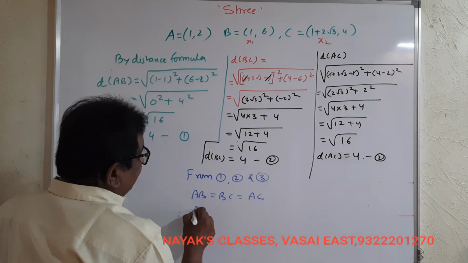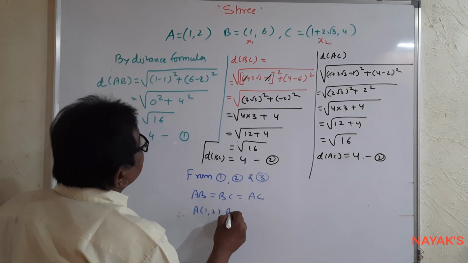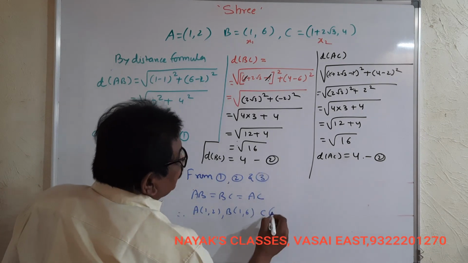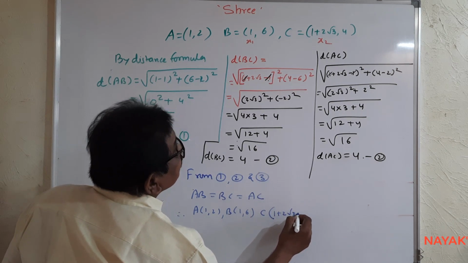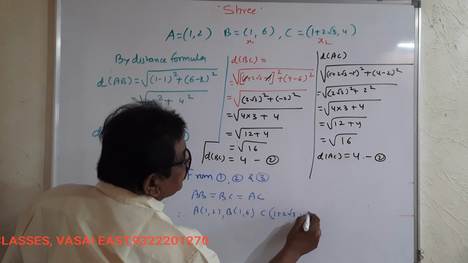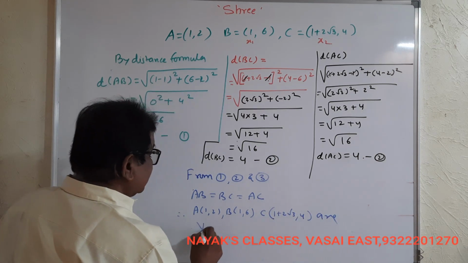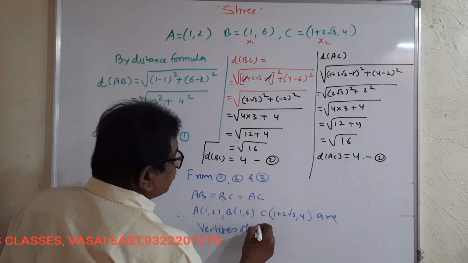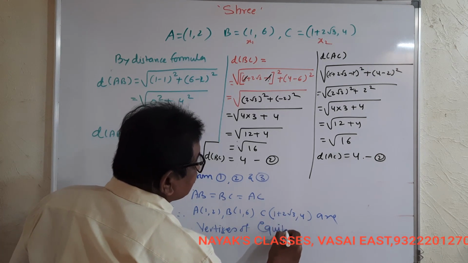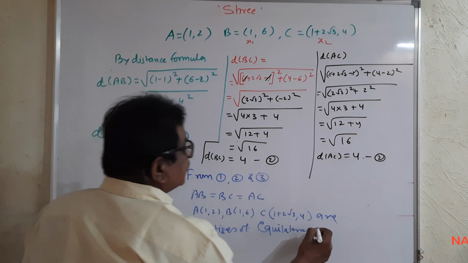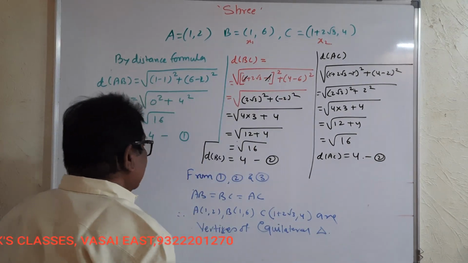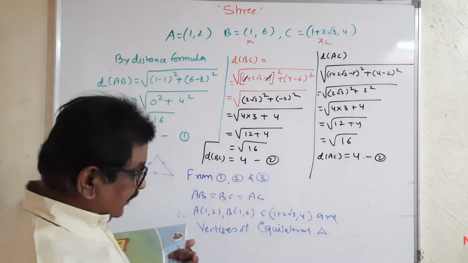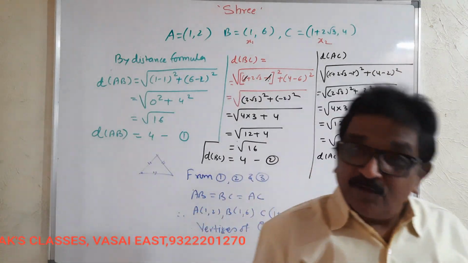Therefore, A(1, 2), B(1, 6) and C(1 plus 2 root 3, 4) are vertices of an equilateral triangle. In an equilateral triangle, all the sides are congruent.